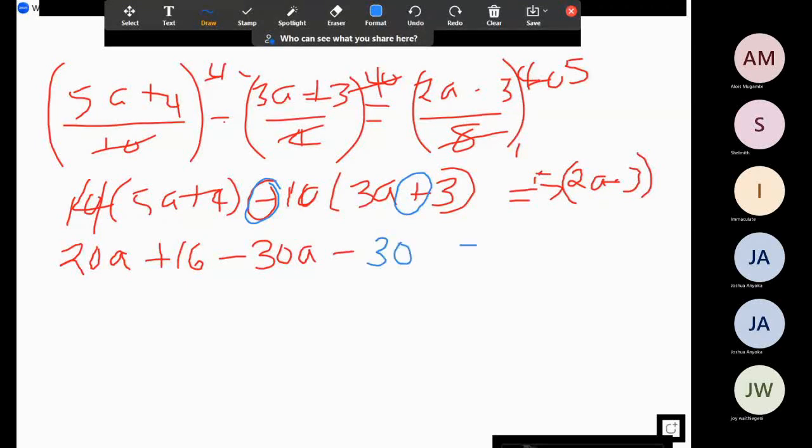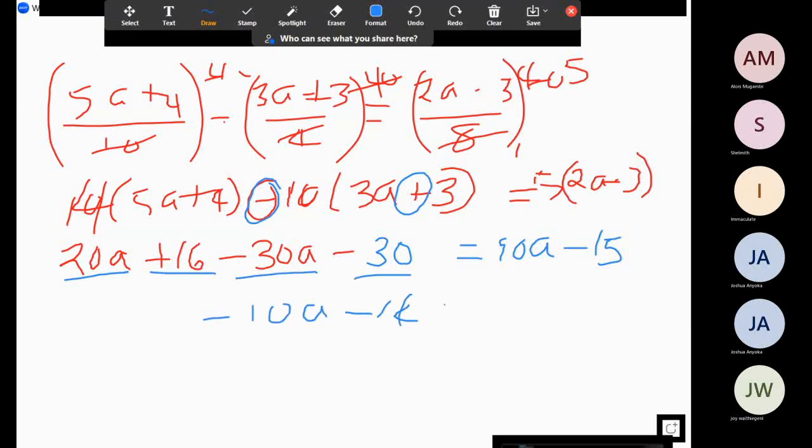This equals to 10a minus 15. And 20a like terms together, minus 3a, 30a, it is negative 10a. This and this one, it is minus 14.